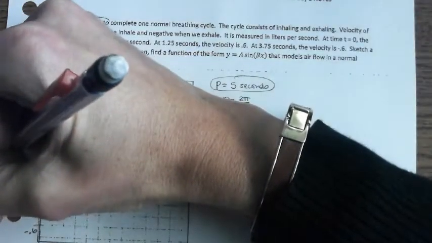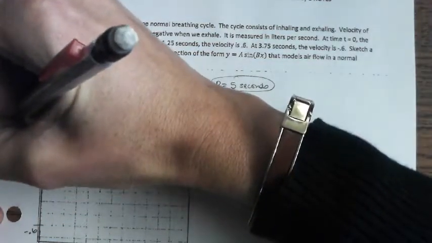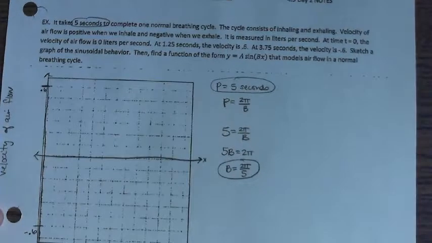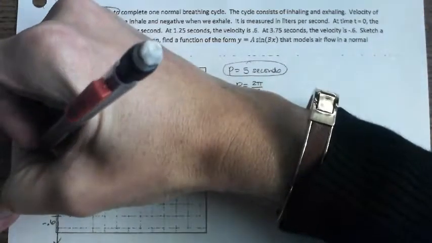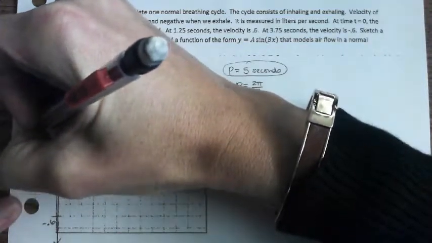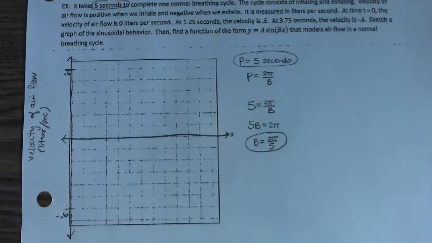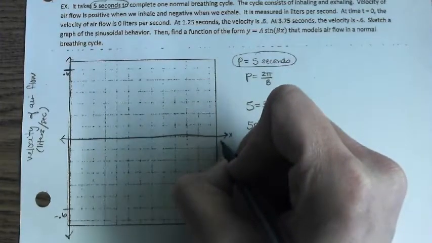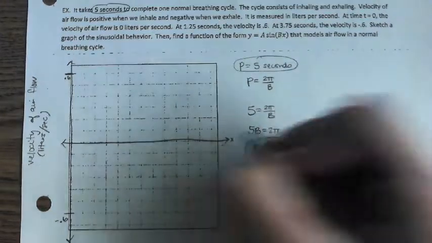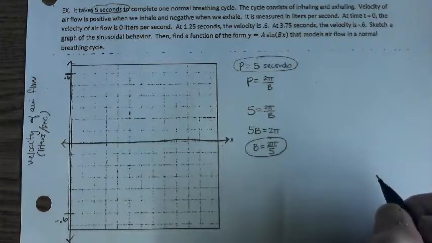Velocity of, I'll be even more specific, velocity of airflow. And what are the units? Liters per second. My x-axis is what? Time.